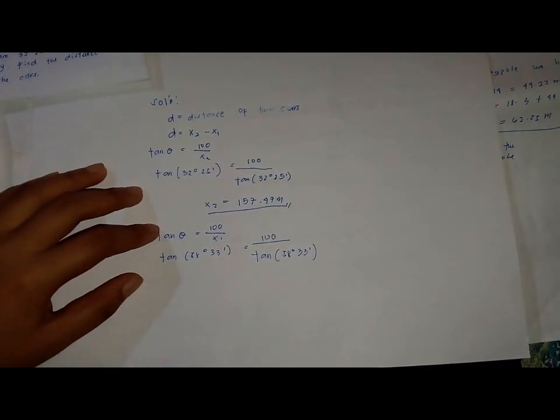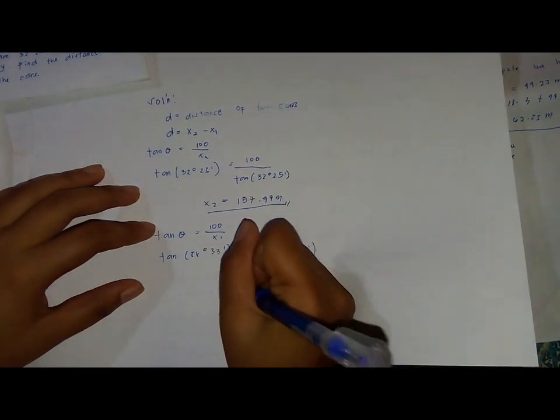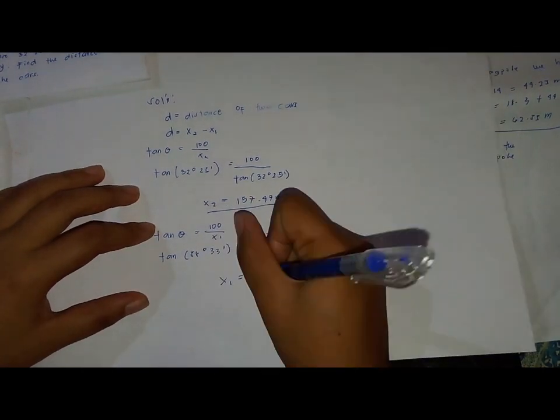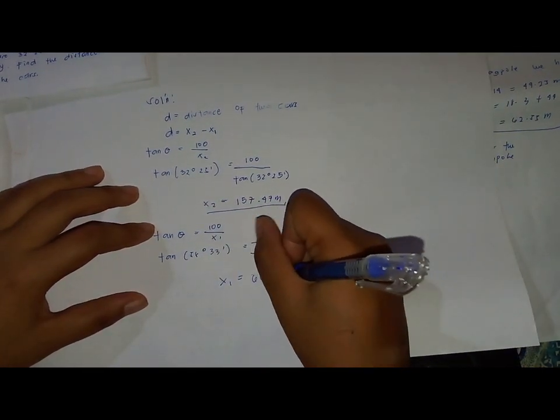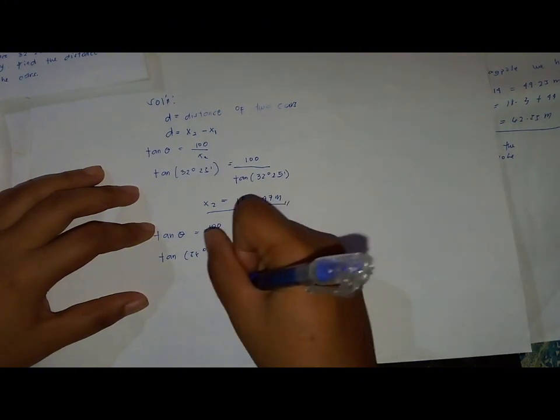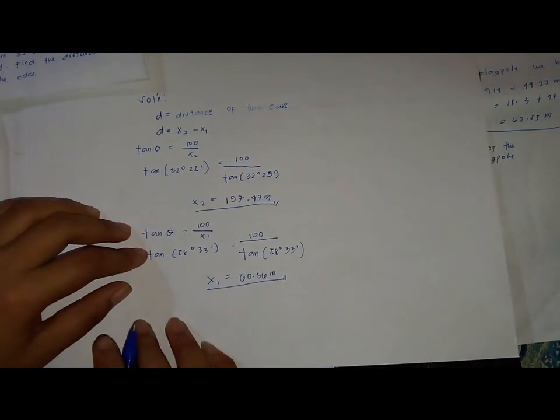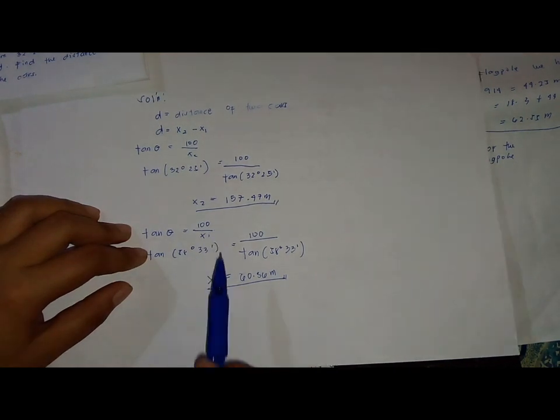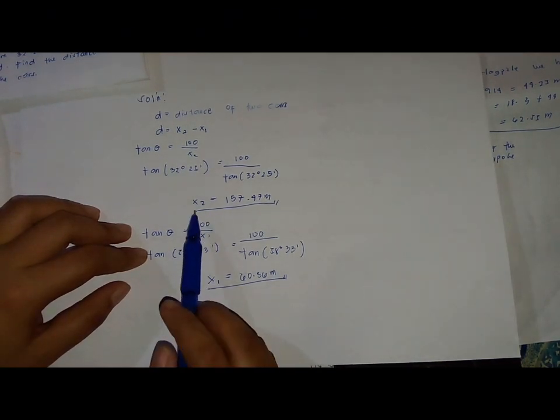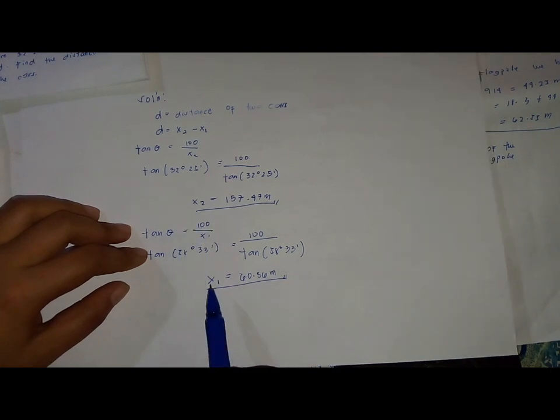So now x sub 1 equals 100 over tan 58 degrees and 53 minutes, which is 60.36 meters. So with x sub 2 and x sub 1, we need to subtract them.